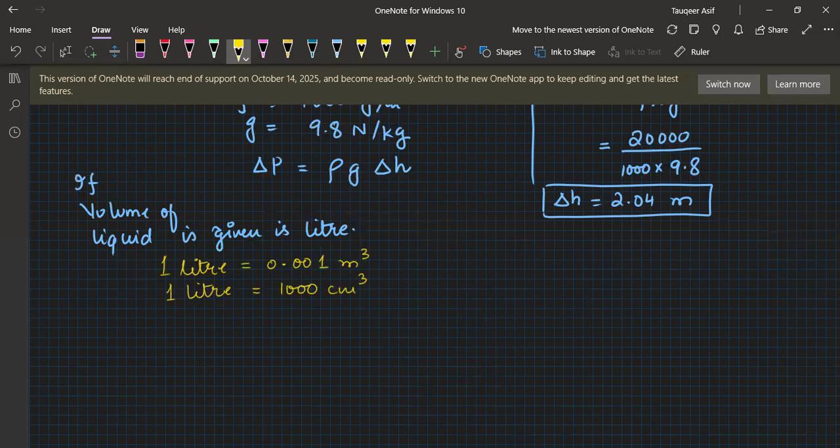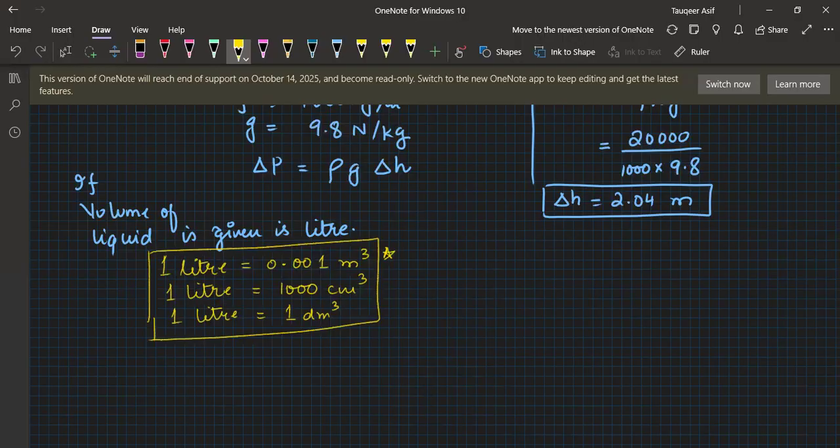And 1 liter equals 1 decimeter cube as well. So you have to keep these conversions in your mind. I think one is enough to memorize: 1 liter equals 0.001 meter cube. Okay, we're gonna have one question. Let me find that one, and then I'm going to do it with you.